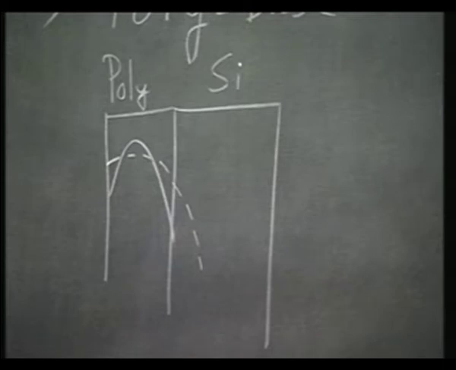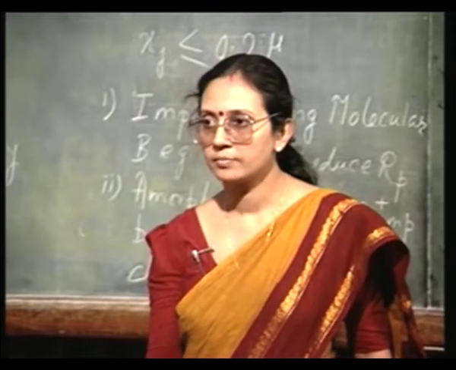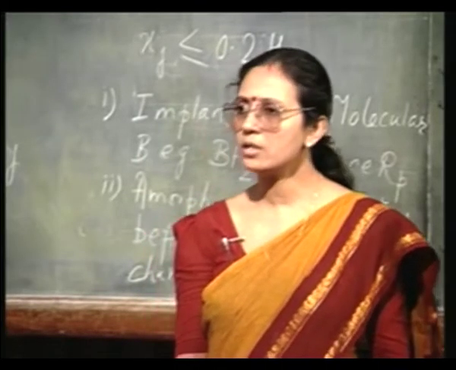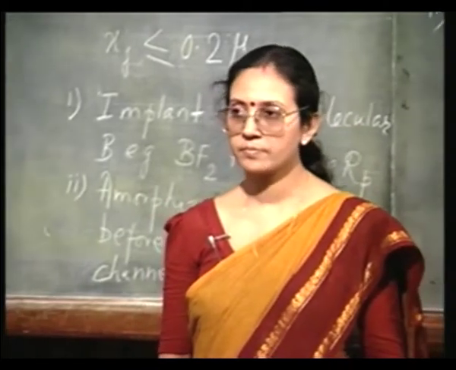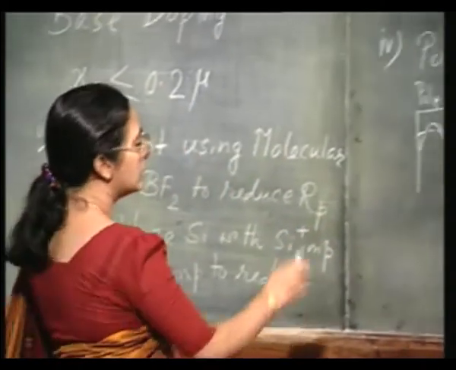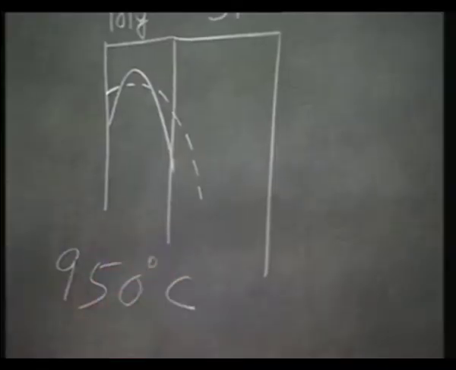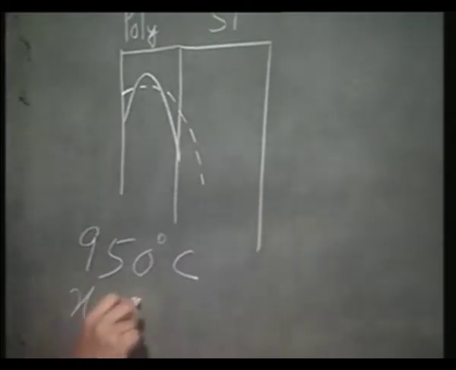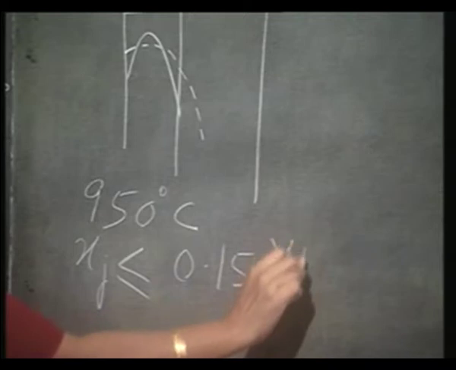You can realize a very shallow junction, 0.15 micron, by this technique. And this is widely used today for all high speed transistors. You can carry out an annealing at around 950 degrees centigrade, and you can realize an Xj as low as 0.15 micron.